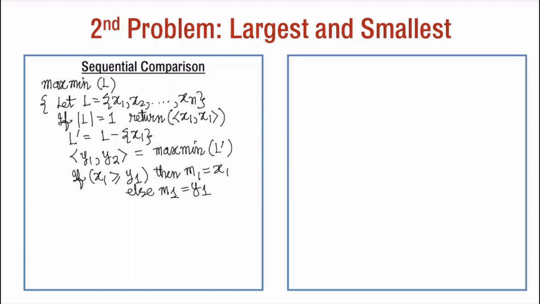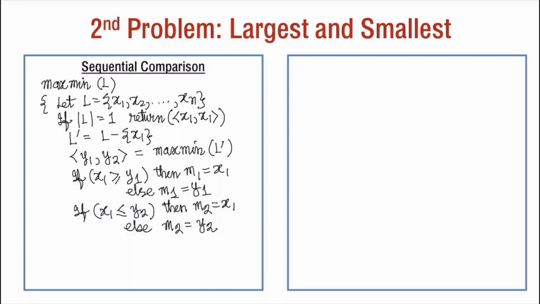On the other hand, if x1 is less than or equal to y2, then m2 equal to x1, else m2 equal to y2.